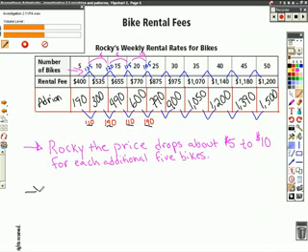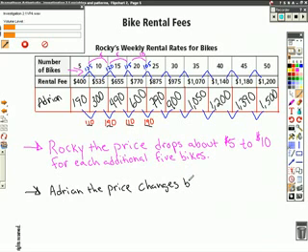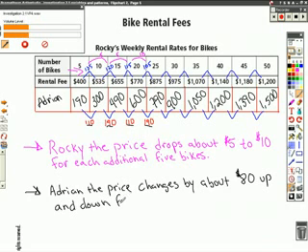So for Adrian, the price changes by about $80 up and down for every 5 bikes.